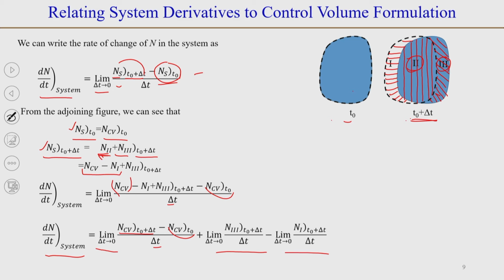Now, if we look at what is N3 and N1: N3 is the region which has gone out of the control volume and N1 is the region which has come inside the control volume. So, basically N represents the intensive property. So, the intensive property that has come inside the control volume is N1, and the intensive property that has gone out of the control volume in time delta t is N3.